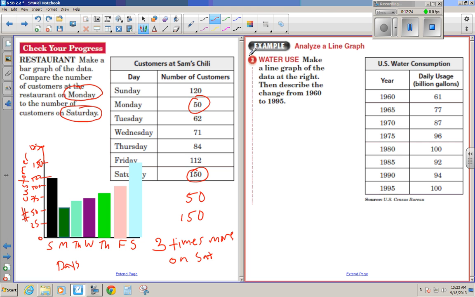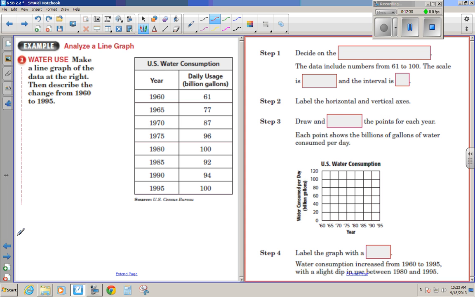All right, so a line graph is fairly similar, except you're not drawing bars this time. We need to make a line graph of the data to the right, then describe the change from 60 to 95.